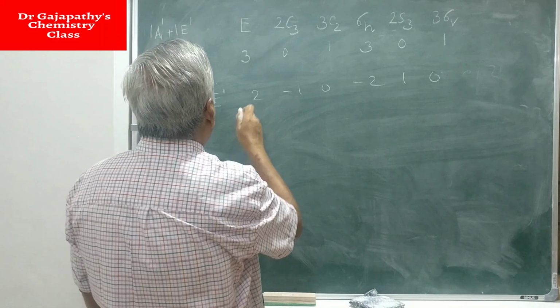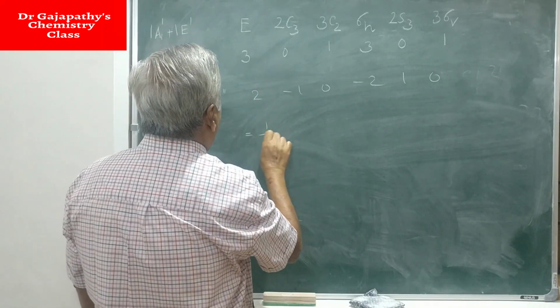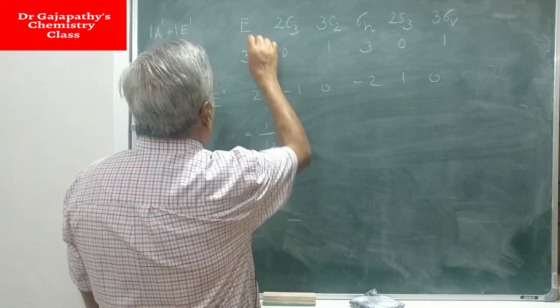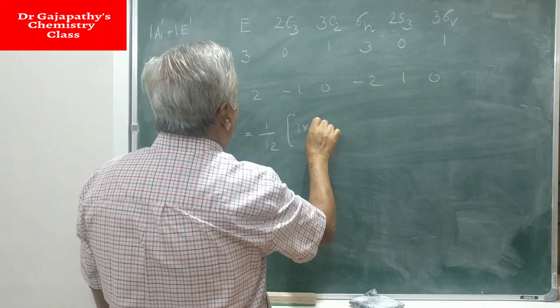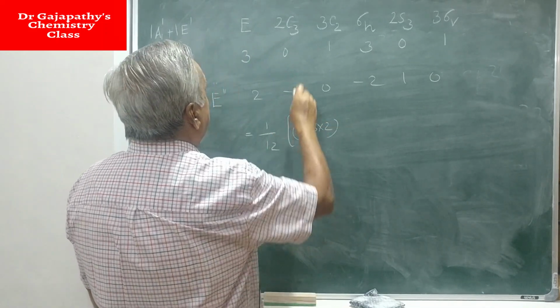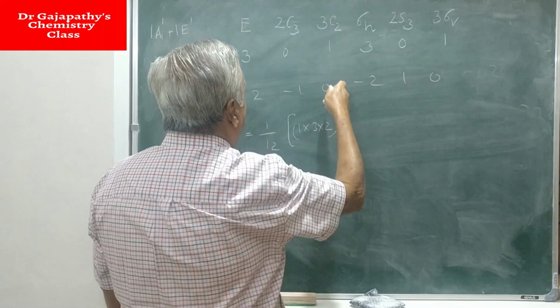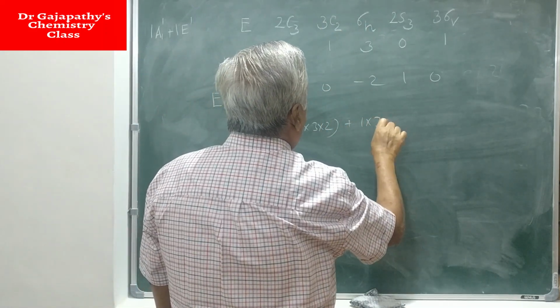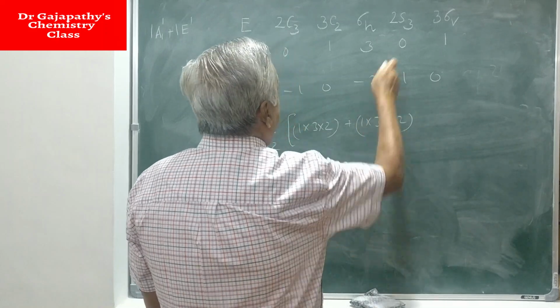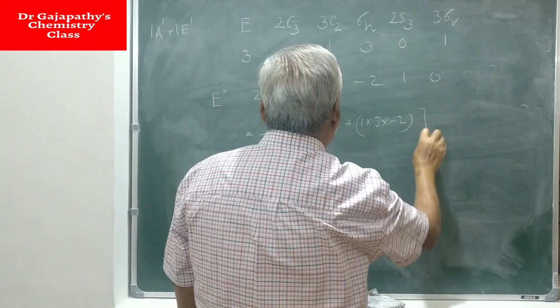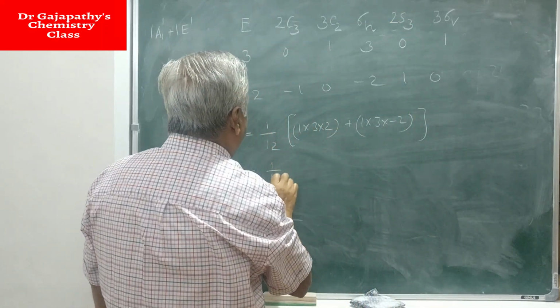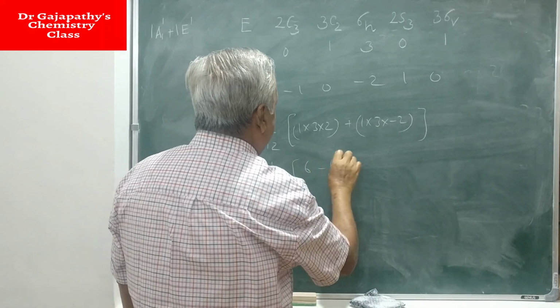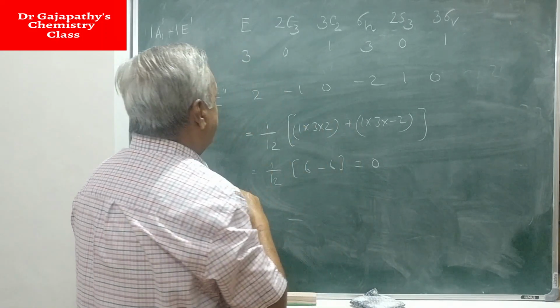Therefore, how many E double primes are contained in this? 1 by 12 into 1 into 3 into 2. This is 0, I leave it. This is 0, I leave it. 1 into 3 into minus 2. This is 0. So it is 1 by 12 into 6 minus 6. This again is 0. That's all.